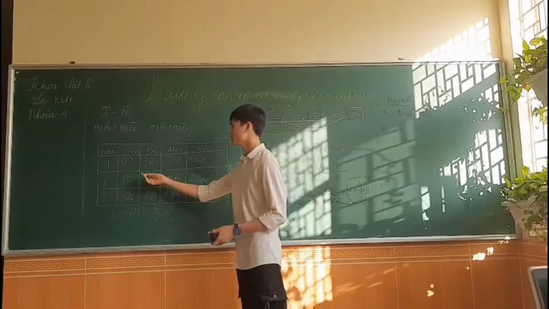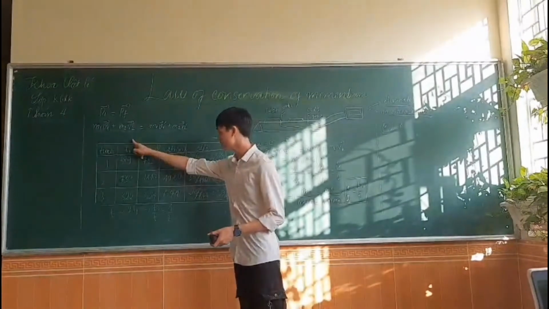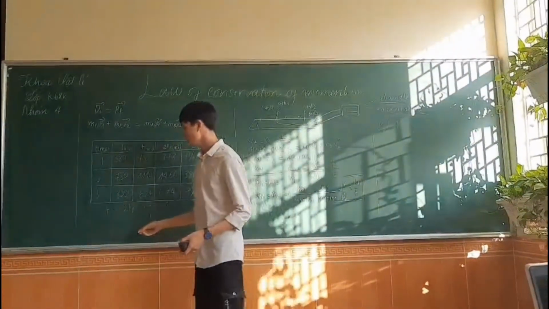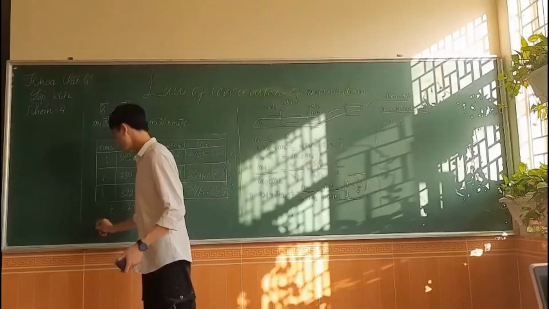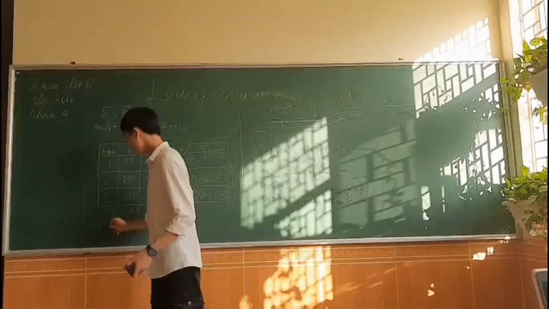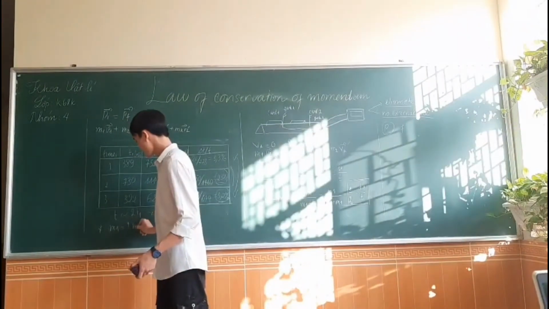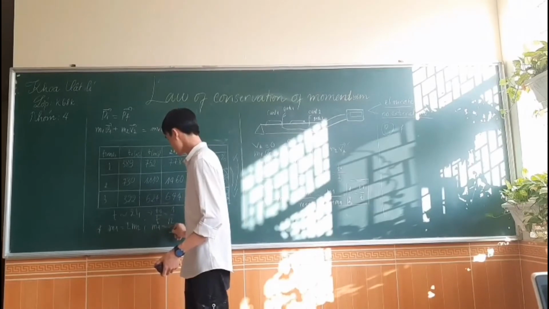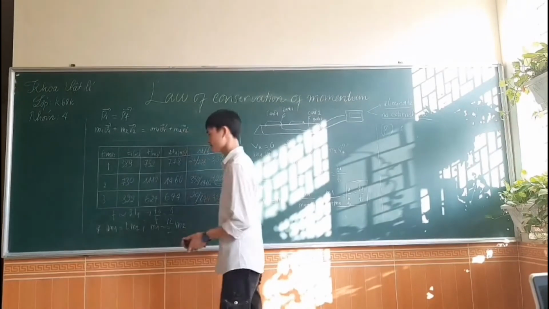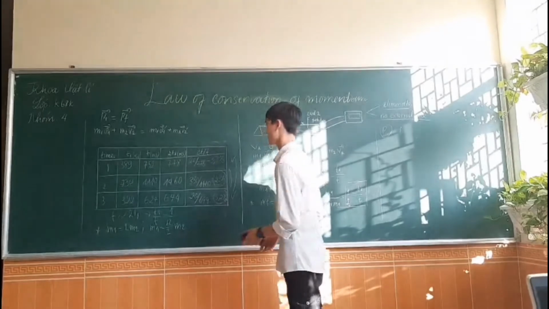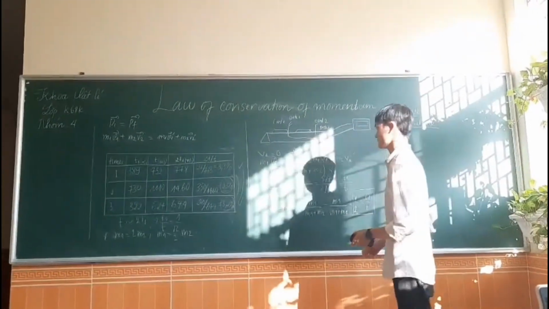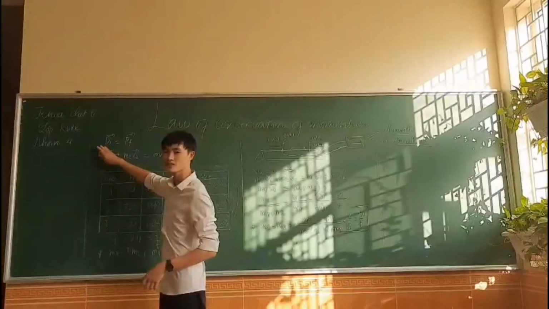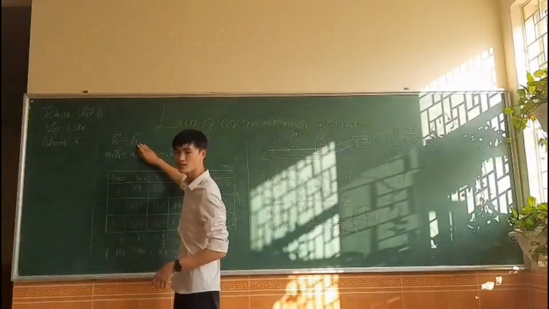So the momentum before the collision equals the momentum after the collision. You need to do the experiment with m1 equal to m2, and m1 almost equal to m3. I conclude that the momentum before the collision equals the momentum after the collision.